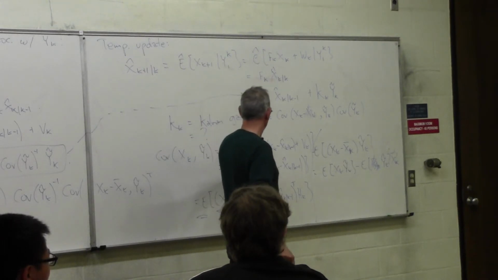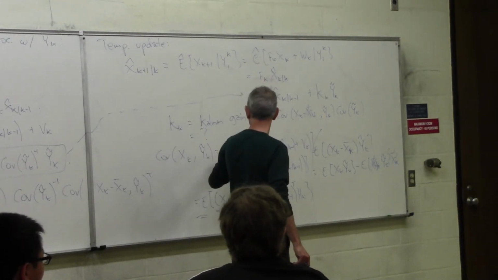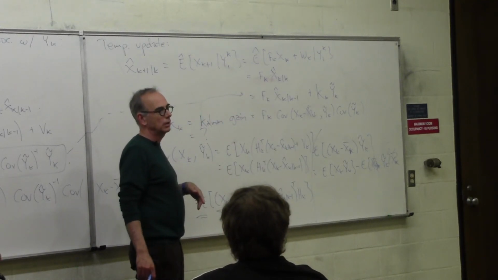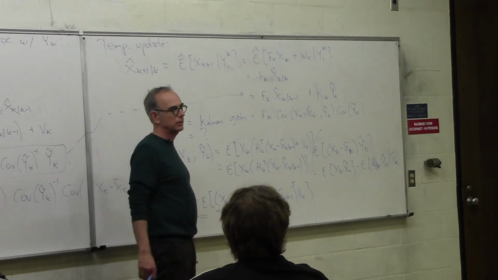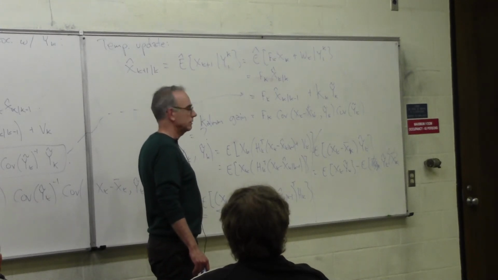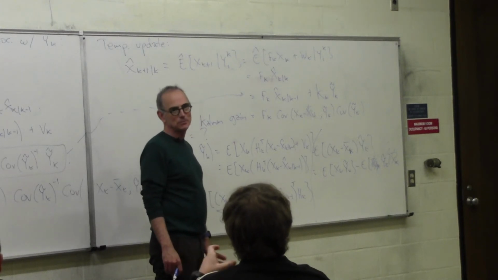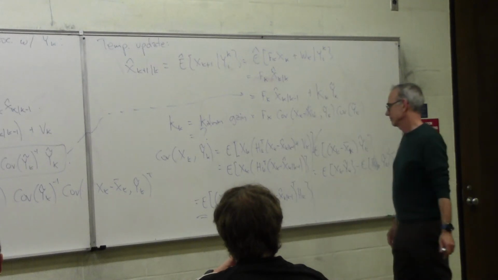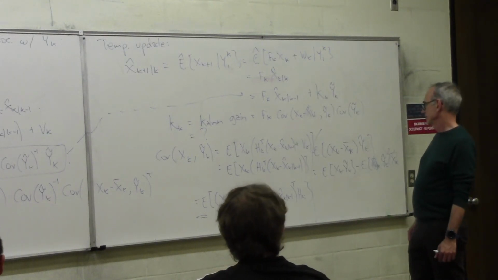Is that expectation, or you've written expectation? Isn't that covariance? No, expectation. The definition of expectation is the dot product. Shouldn't that just be covariance?